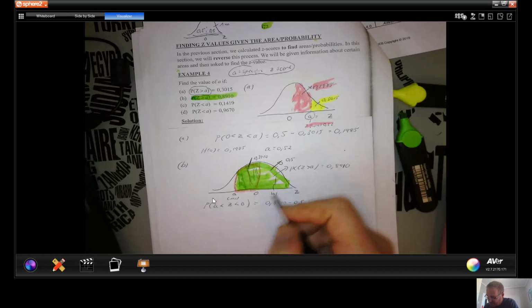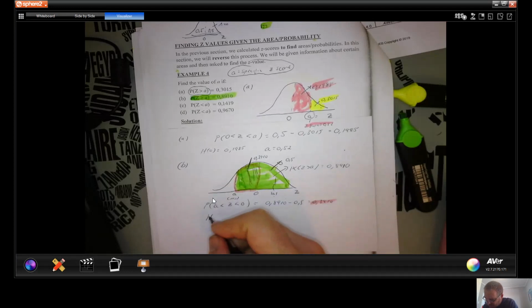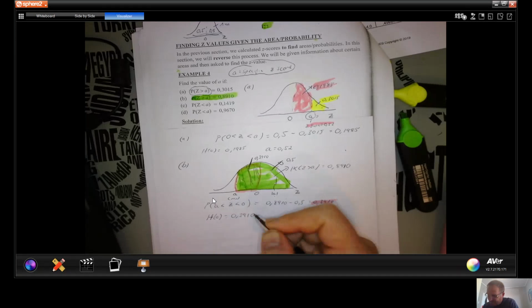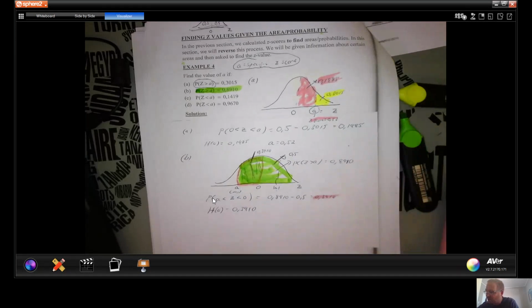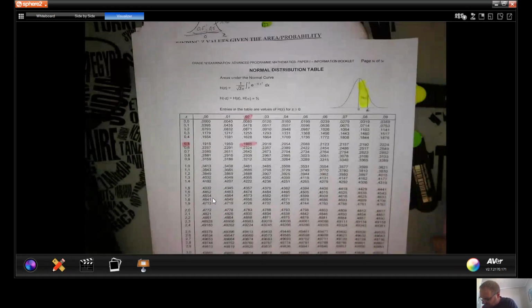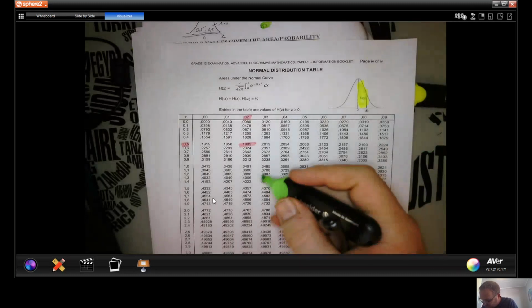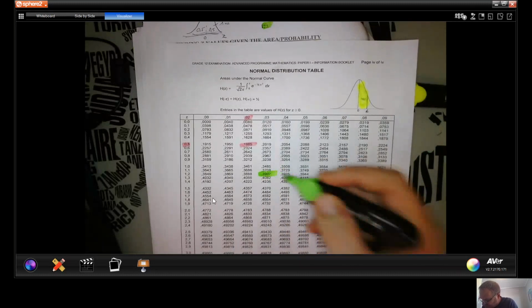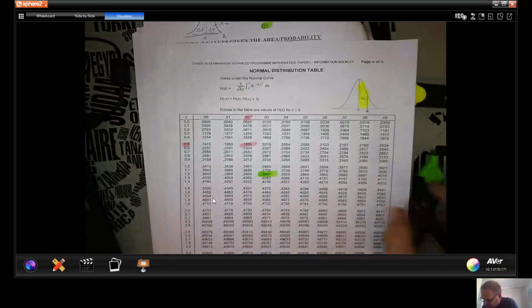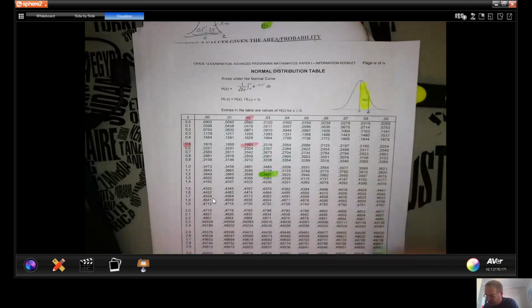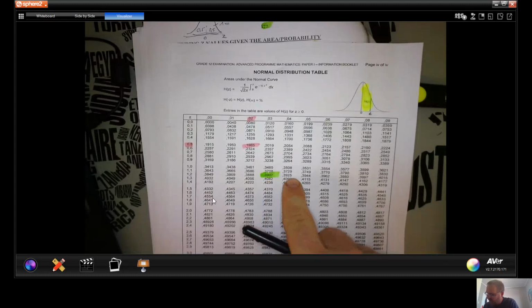So I'm going to look up on the table, we know that H of A is 0.3910. I'm going to look up 0.3910 in the table, and it's close to 0.3907. It's pretty close. 0.3910 is just a little bit to the right, it's not in the middle.